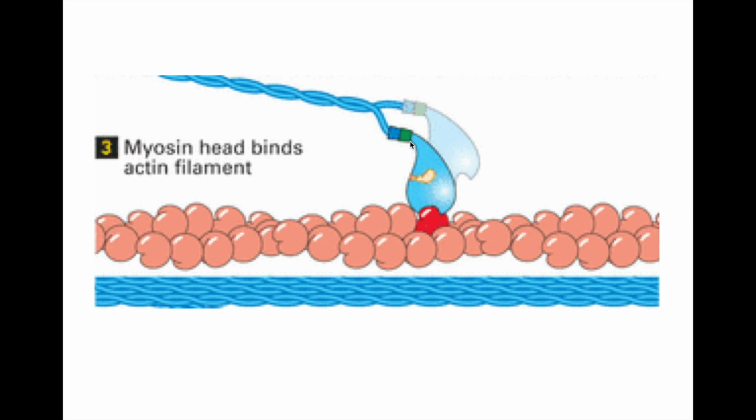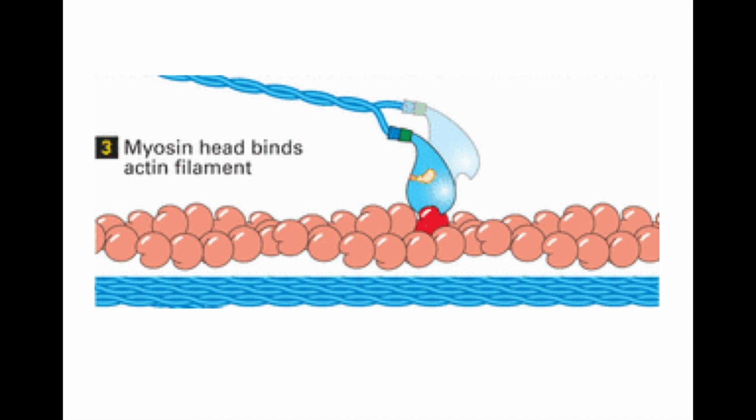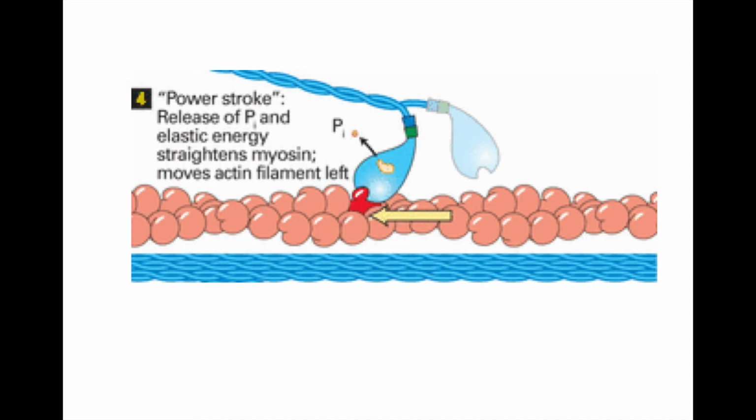Then after it's moved its head forward, it'll bind to a new spot on the actin filament. If you notice here, where it came off is different from where it's going to bind here. Okay? And then it's actually going to move the actin relative to the myosin when phosphate is released.